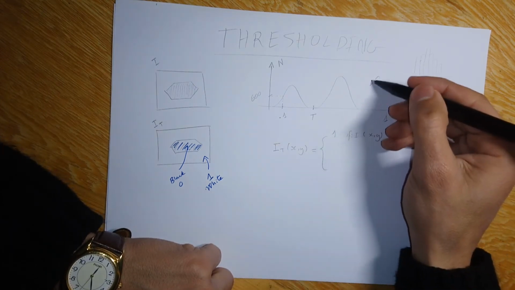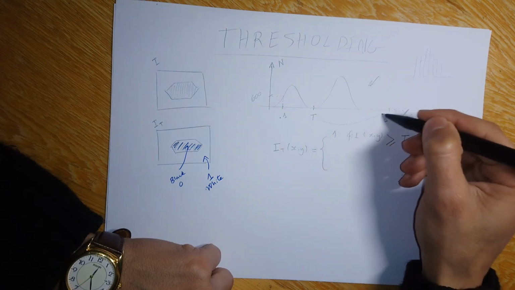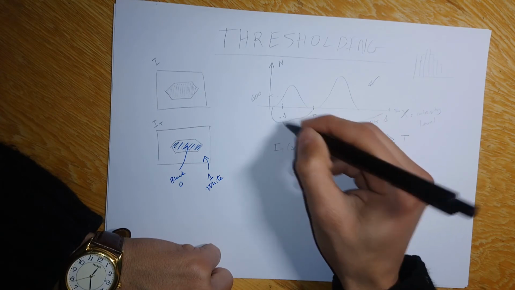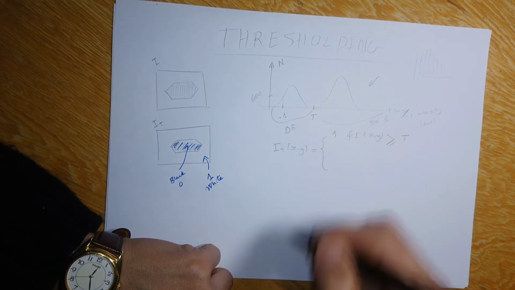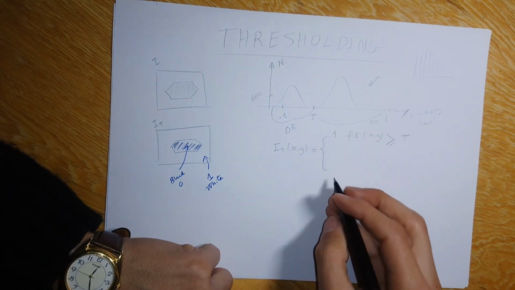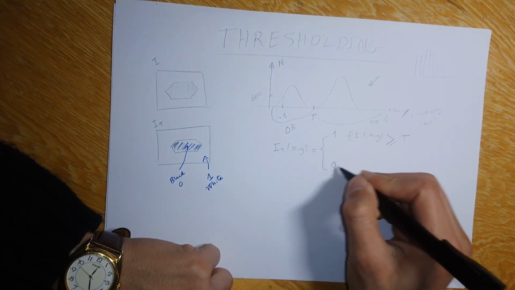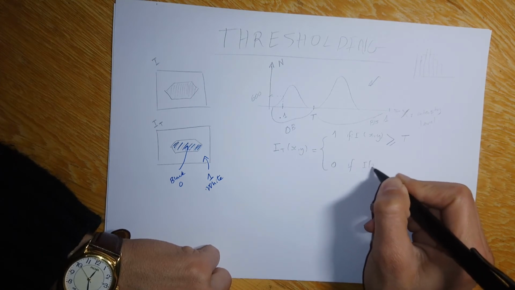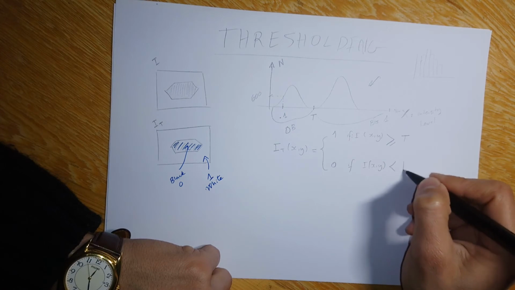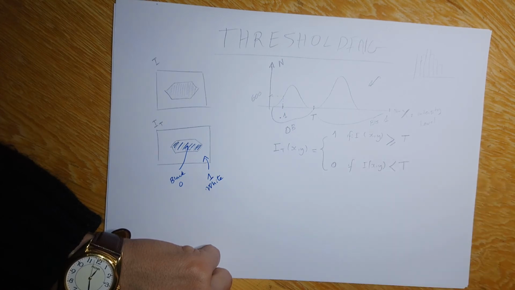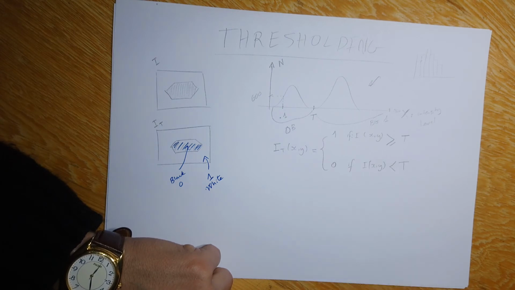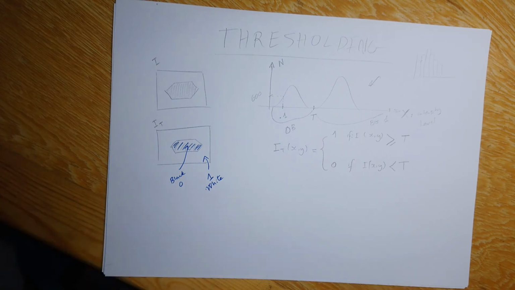Okay, so everything here in this range is a background, and everything in this range is an object. So this thresholded image should be 0 if the image at a given position is smaller than this threshold. Okay, so this is just how thresholding works.